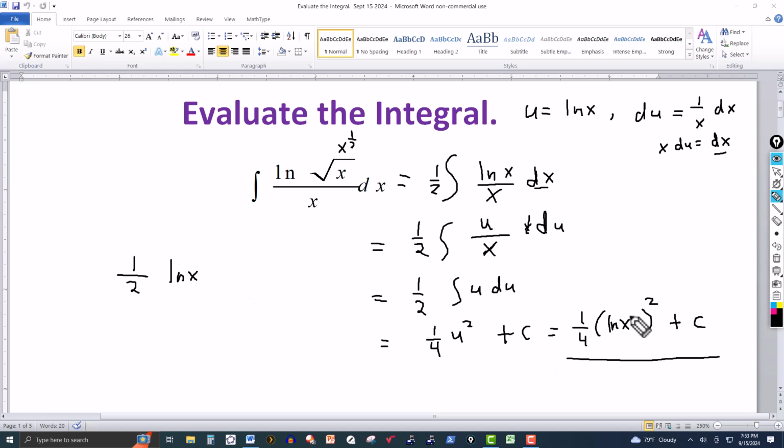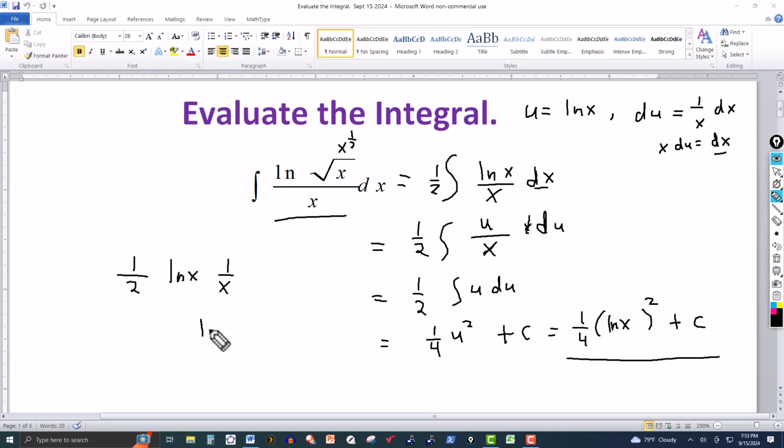Then, because it's a power, the chain rule tells me I have to take the derivative of ln of x, which is 1 over x. And remember, I'm supposed to get the original integrand. And I do. The coefficient of 1/2 here, the property of logs allows me to bring it here as an exponent.